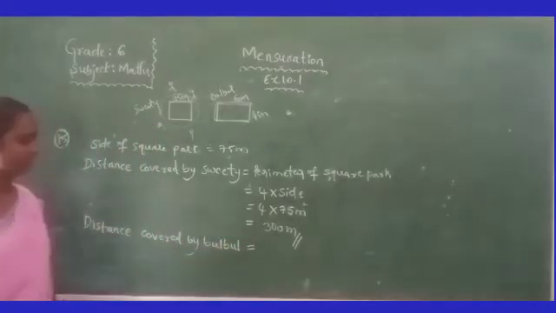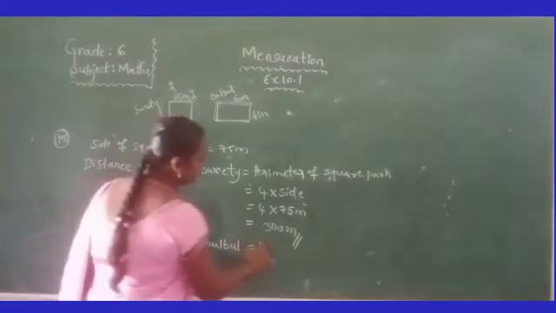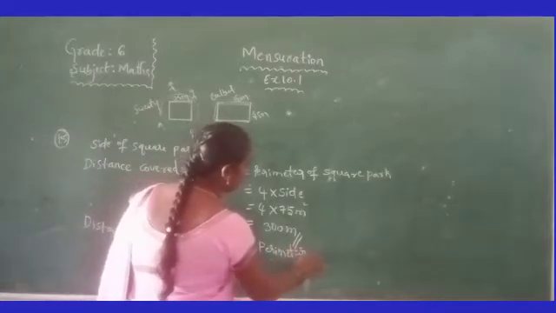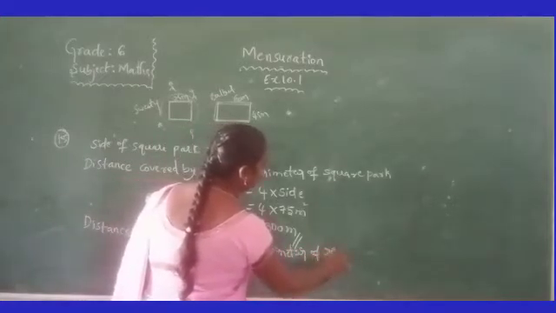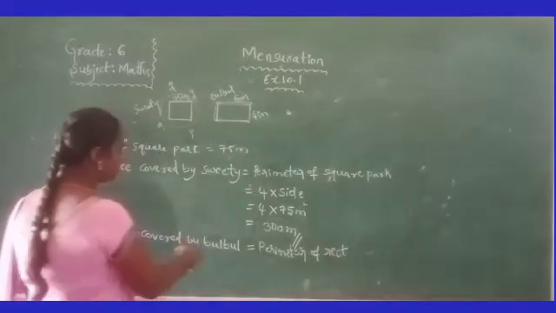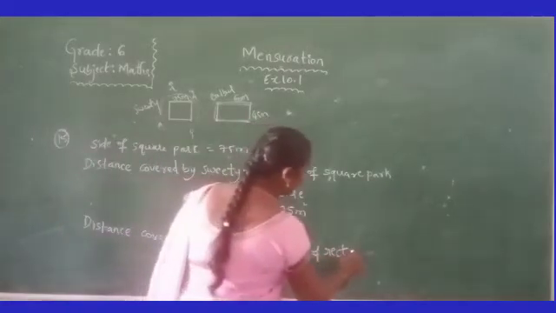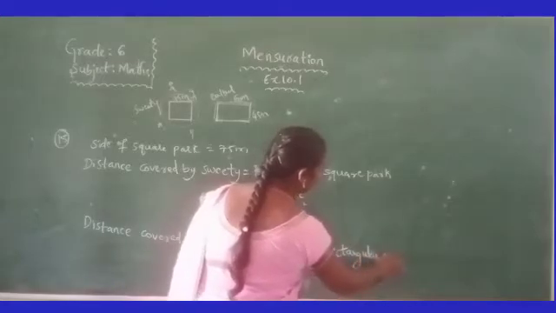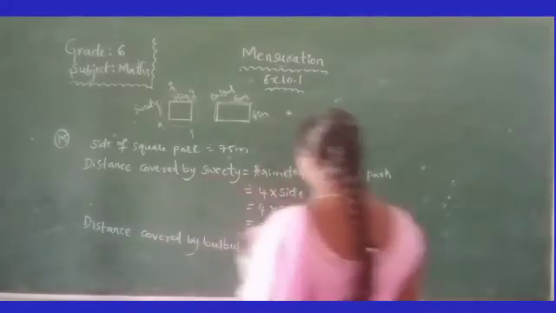Okay, Bulbul. So what is the formula for a rectangle? 2 into L plus B. The distance covered by Bulbul is equal to the perimeter of a rectangular park.